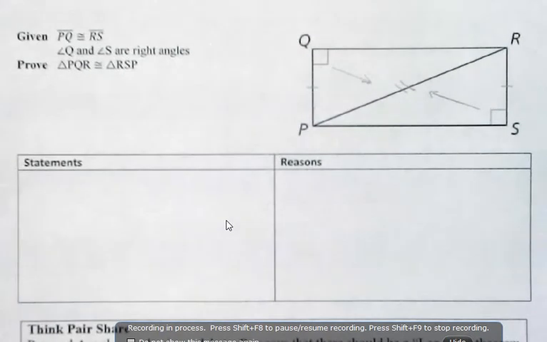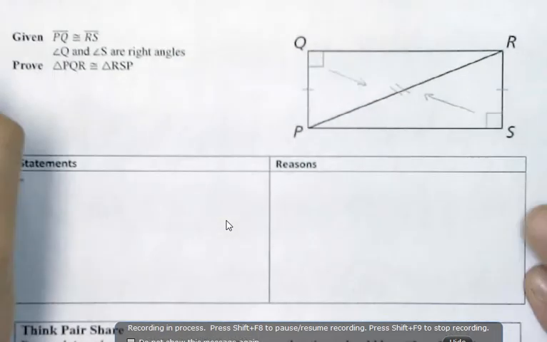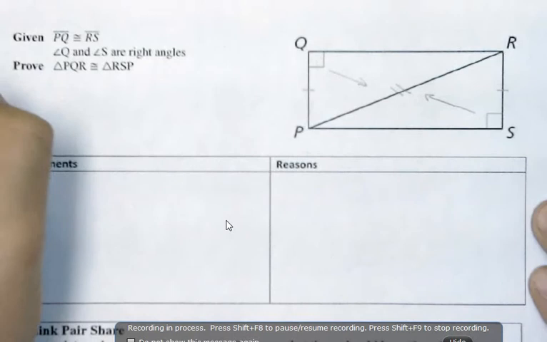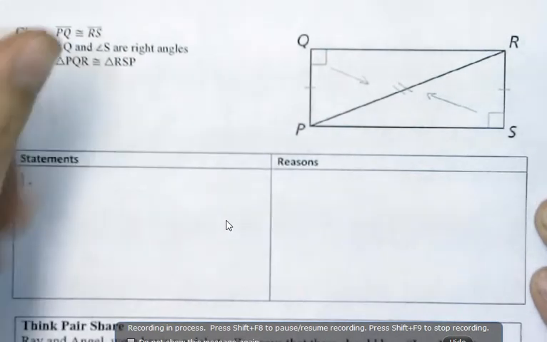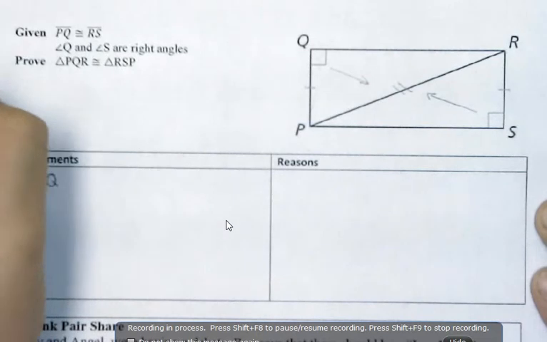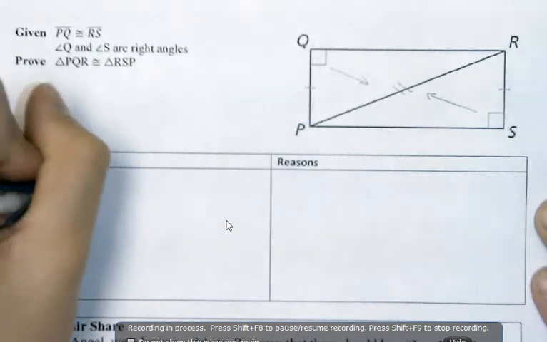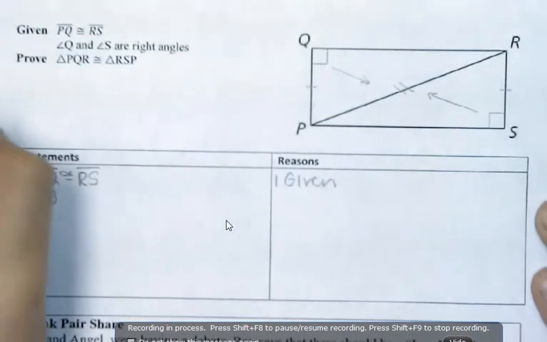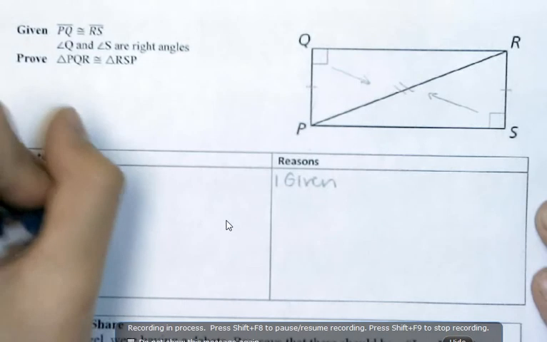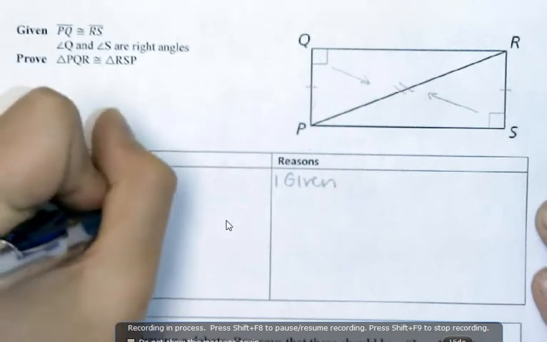So we are set up to write our proof. So step number 1, write your given. So we have PQ is congruent to RS, and that is given. We also have given that angle Q and angle S are right angles.